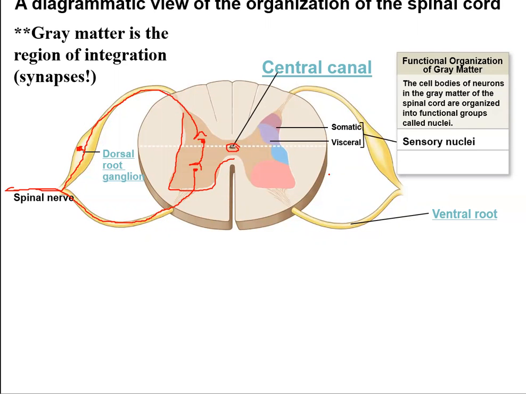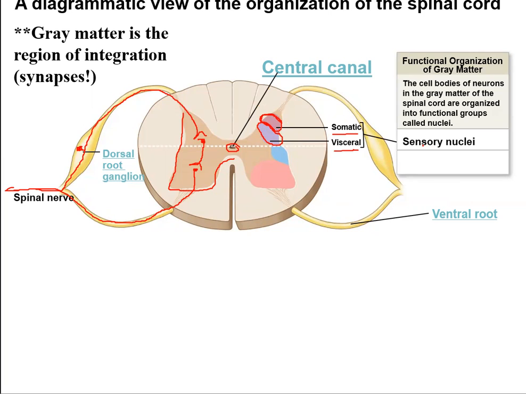The gray matter is actually organized according to where the sensory information is coming in from and where the motor information is going out to. As we can see here, synapses relaying information from somatic places, so your skin, your muscles, are going to take place here. Here is where synapses relaying information coming from viscera, your heart, your liver, your lungs, are going to take place.